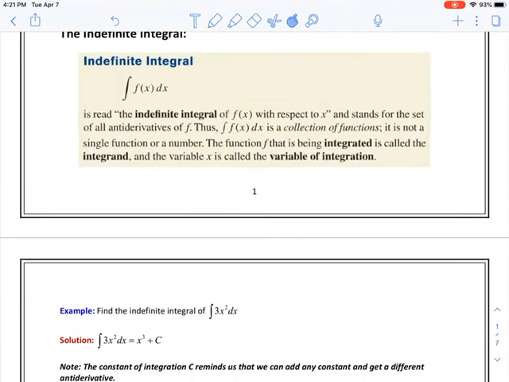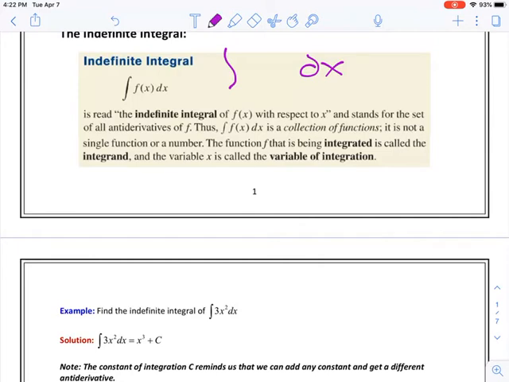Now, the notation. The indefinite integral is the process that we use to find an antiderivative. And so we have some notation. We have this little squiggly sign, which is basically a summation sign, which we'll talk more about when we get into another topic.